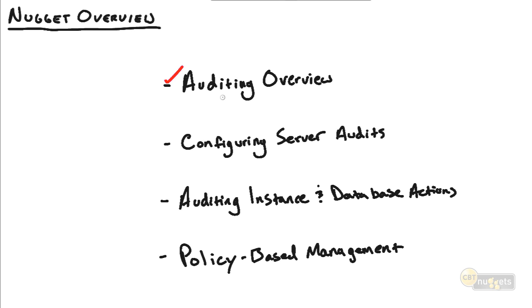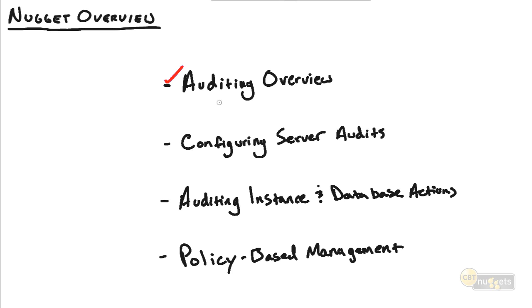We'll also get familiar with policy-based management in our overview, talk about everything from facets to conditions to policies, and get familiar with what policy-based management is good for, which is enforcing configuration standards across our instances and across our enterprise. I remember when policy-based management came out in SQL 2008, it was like liquid awesome. It was really that cool because it was painful trying to enforce configuration standards across multiple instances without doing it in a nice centralized, consistent way.